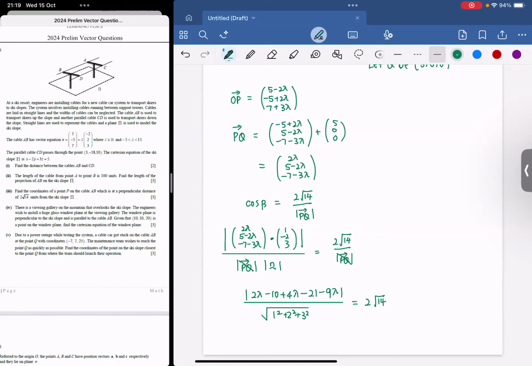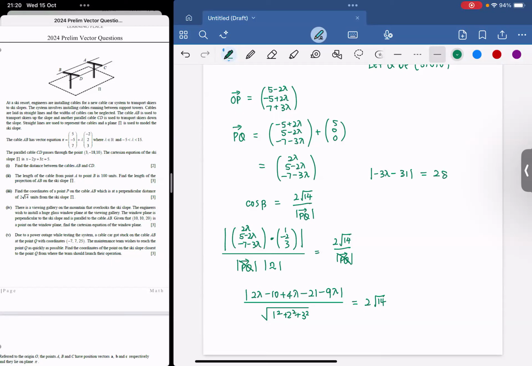So 9 squared plus 2 squared plus 1 squared is square root 14. So we have this. After that, we will have negative 3 lambda minus 31 equals 28.